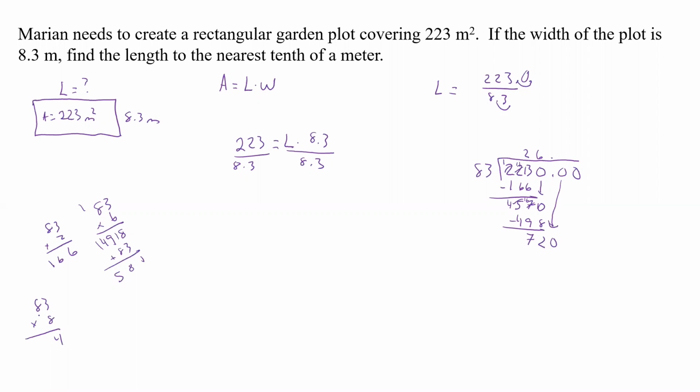That's 24. That's 64, 65, 66. And 83 more, I think, is going to be too big. So that's a 7. That's 14. That's 7. So yeah, that's too big. So we have, that's going to be an 8. And we have 664.